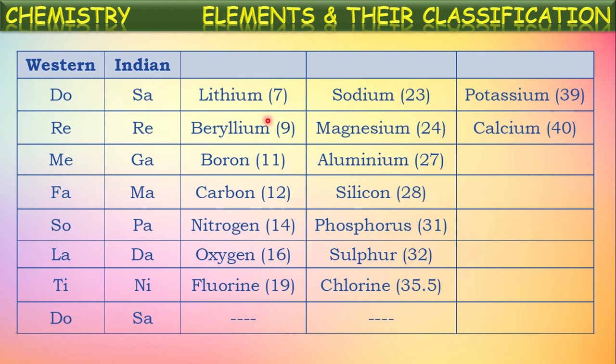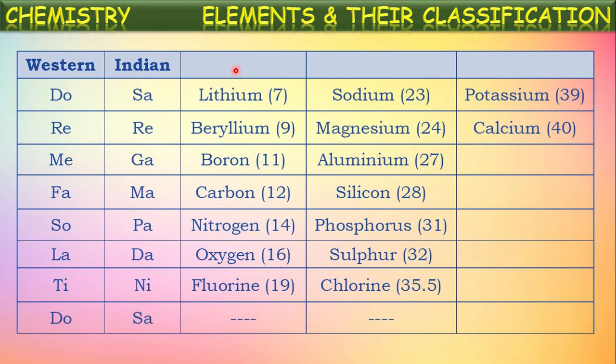See here, the elements are mentioned. If we see lithium, we have to remember one thing here. While he was giving this classification, noble elements were not yet discovered. So whatever elements were found by that time, he arranged them in the increasing order of their atomic masses. Then he observed that the properties of one element resemble the consecutive eighth element after it.